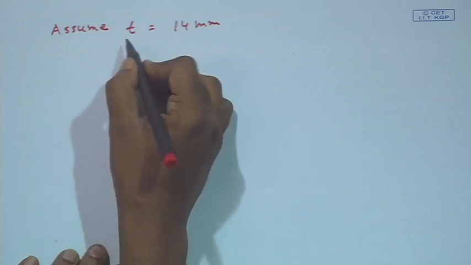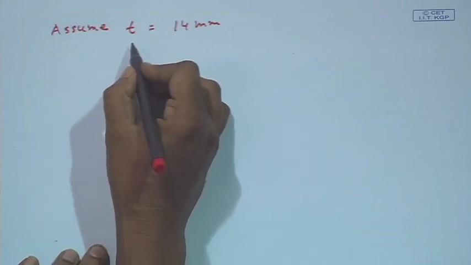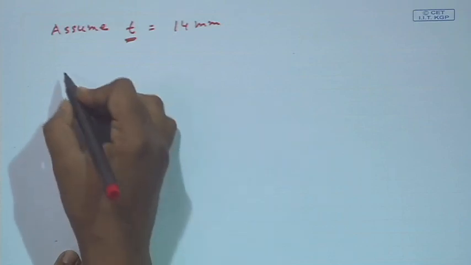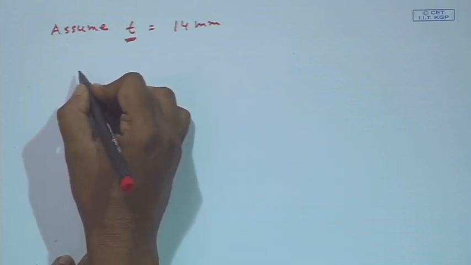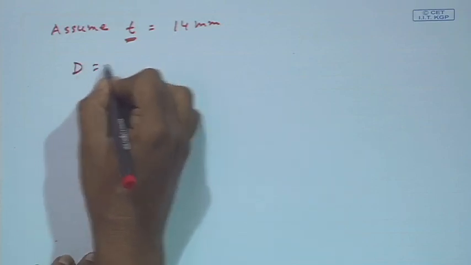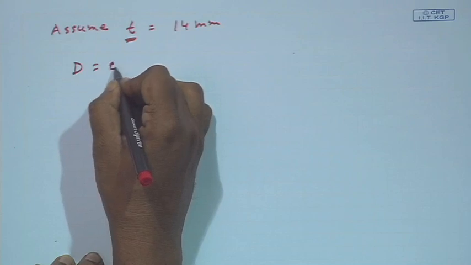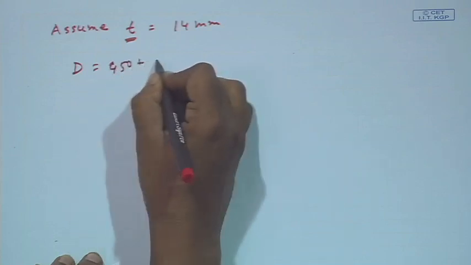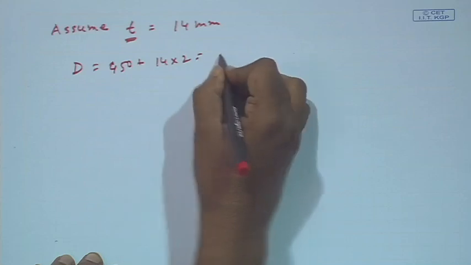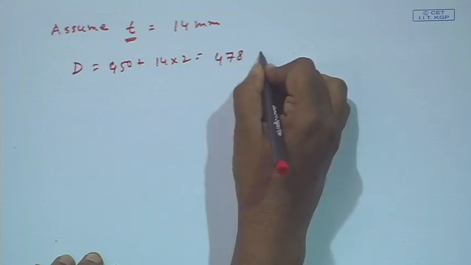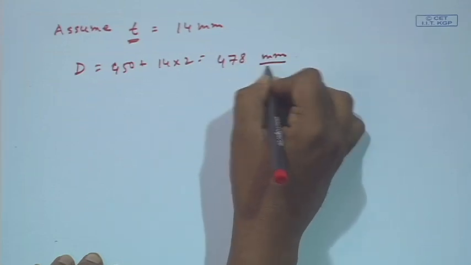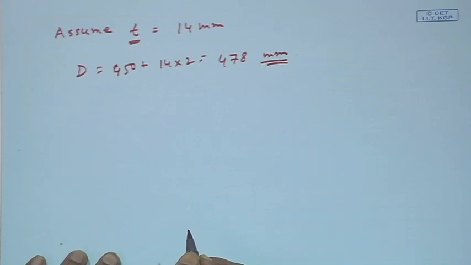So, if we assume the thickness of the plate as 14 mm, then total depth of the beam will be 450 plus 14 into 2, 478 mm. So, total depth of the beam is less than 500 mm.